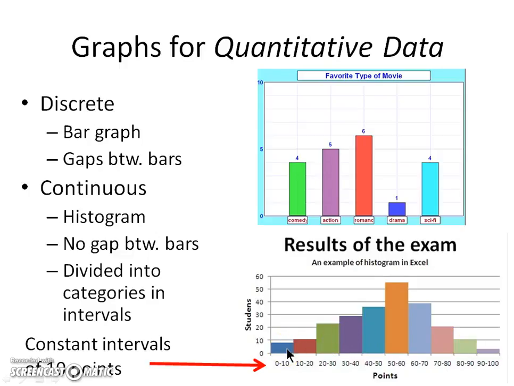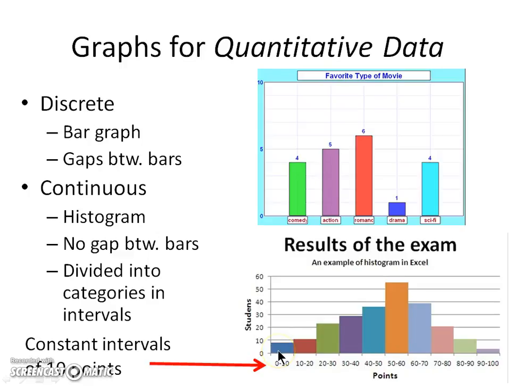Another thing I need to point out is how we read the histogram. Let's look at the first category, 0 to 10. If a student has a score of 10.2 points, that student will be here. What if a student has exactly 10 points? Does that student go under the blue category or the red category?